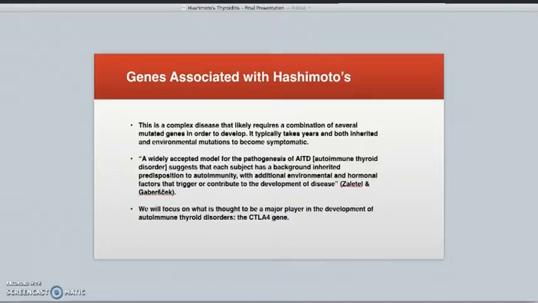More often than not, it's more common in women than in men, and it's typically in their mid to late 20s that it starts to manifest. I was 26 when I was diagnosed. I have a friend whose sister was 24. So it takes years. You might have the mutation and never know it until you start to exhibit symptoms further down the line. So we are going to focus on CTLA4.